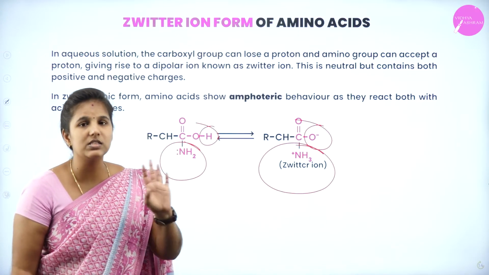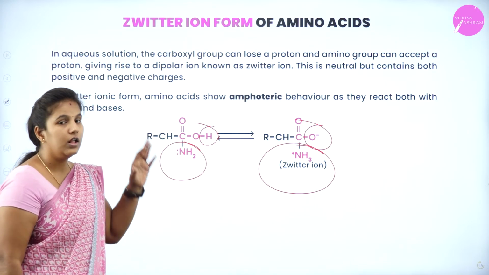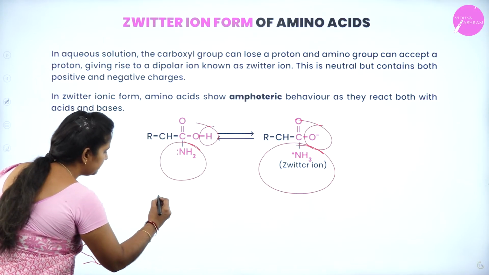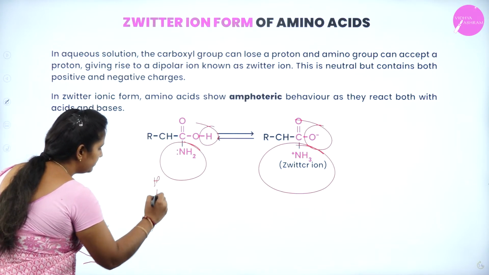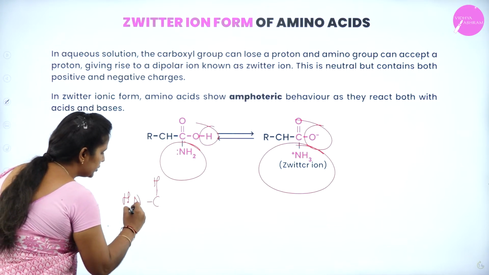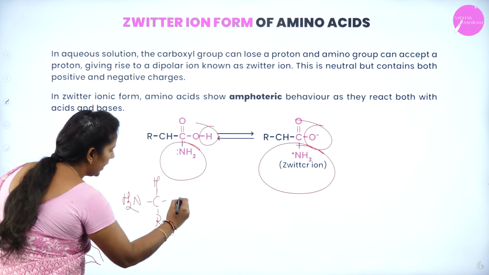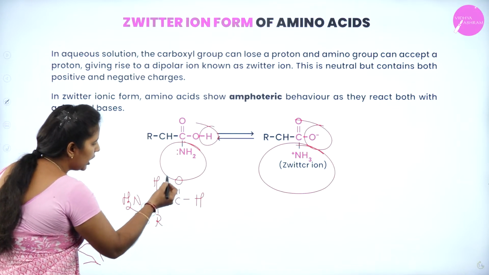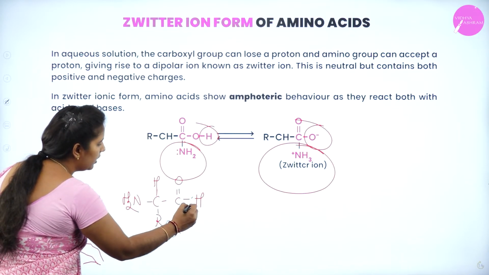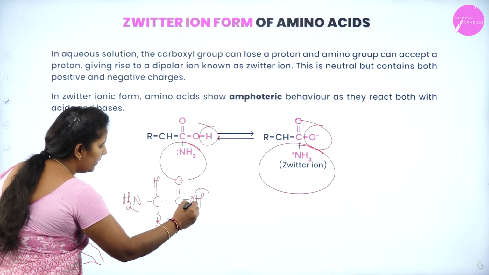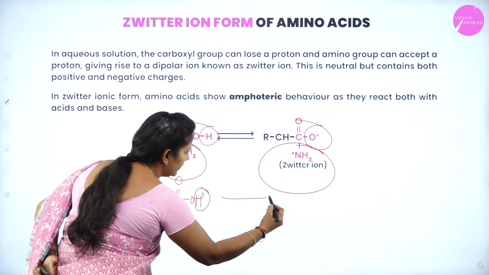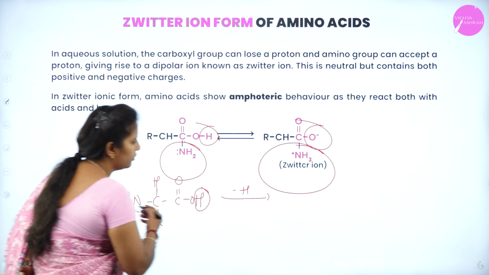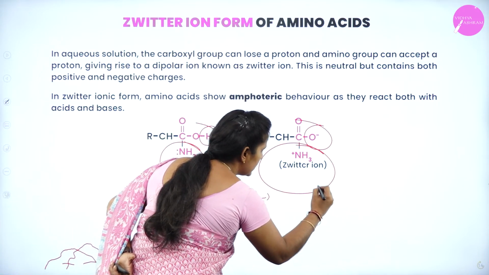So in the aqueous solution of amino acids, especially the carboxyl group, I can write this reaction as CH NH2 R and C double bond OH. So this carboxyl group, which has one hydrogen, will lose it, so that this hydrogen will be accepted by this nitrogen and forms what?